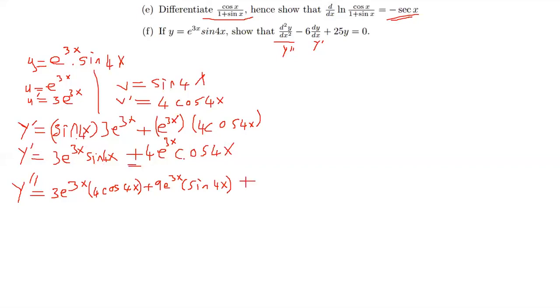Let me also differentiate the second part here. When I differentiate the first part there, I'm going to get 12e to the power 3x multiplied by cos 4x, and then plus, when I differentiate this and multiply it with that, instead of a plus here it will be a minus, because when you differentiate cos, you get a negative sign.